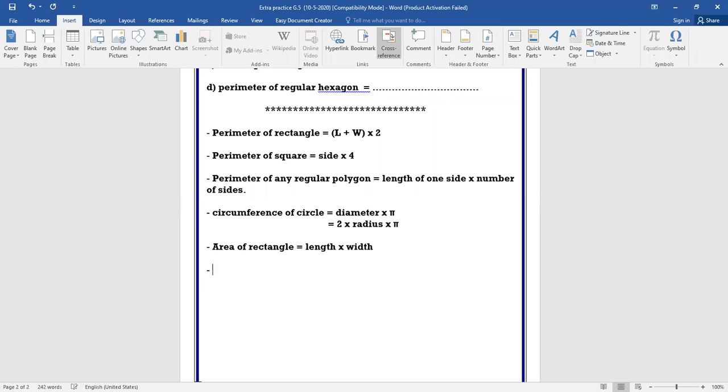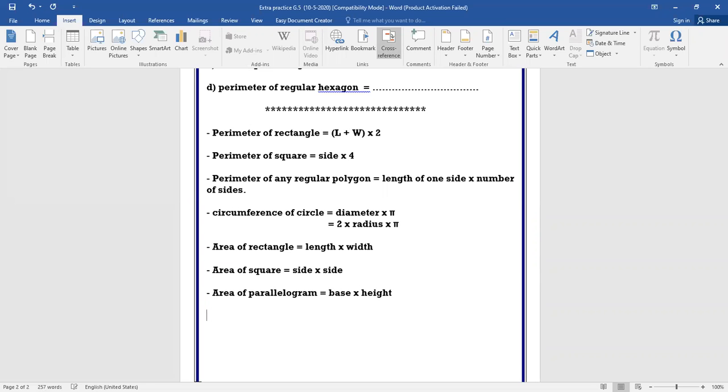Area of a square will be side multiply side. Area of a parallelogram is base multiply height.